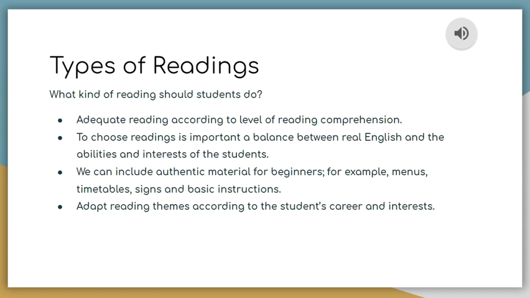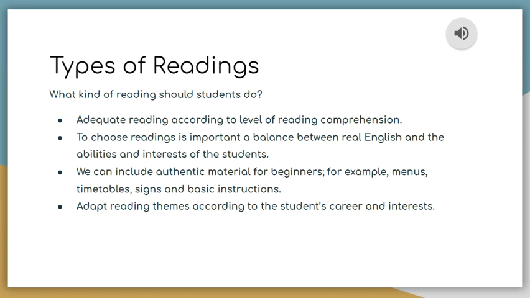Types of readings. There is a complex discussion about what kind of reading students should do, because it is discussed if the reading can contain simple or very complex language. It is important to provide the students appropriate readings that fit their comprehension level.